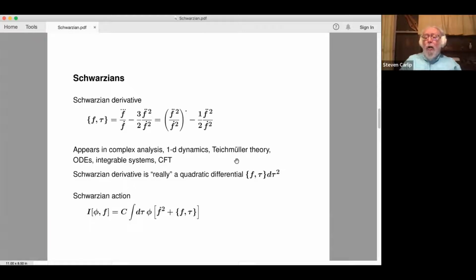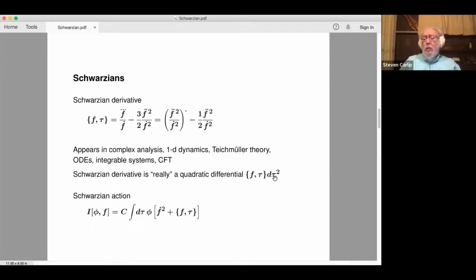Let me mention for future reference that the Schwarzian derivative is really a quadratic differential, that is a rank 2 symmetric tensor, that it should really be thought of as the Schwarzian of f times d tau squared.